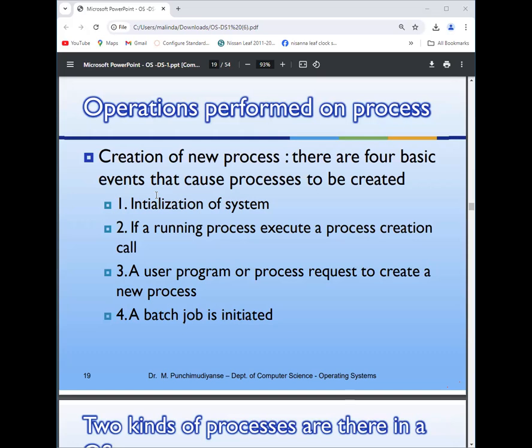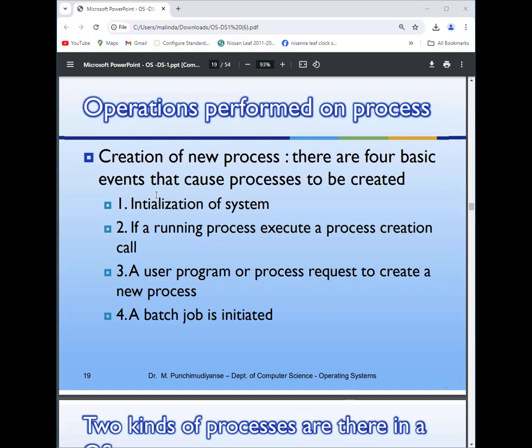Then the fourth option is a batch job is initiated. For example, if you are in the multimedia industry, there can be several videos that need to be edited. Then those have to be rendered as a single video, and this joining has to be done. So that sort of big task can be initiated by software, and has to run for hours.